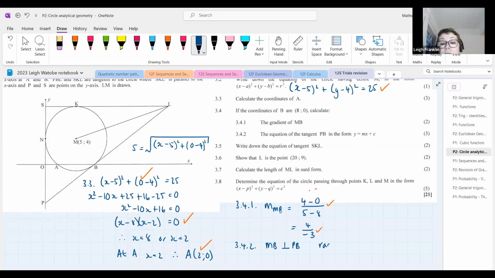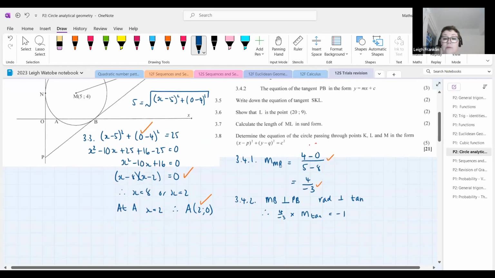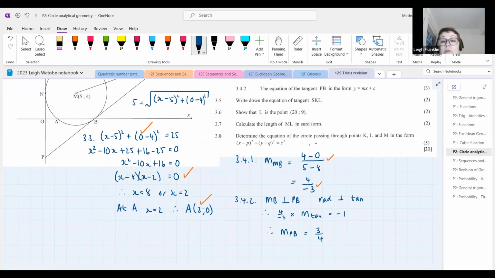The product of their gradients is -1. Therefore, 4 over -3 times the gradient of your tangent equals -1. So the gradient of PB is going to be 3 over 4.